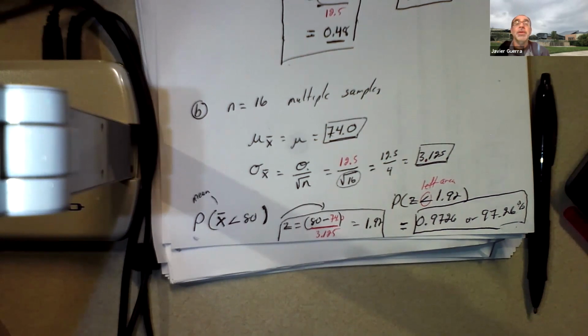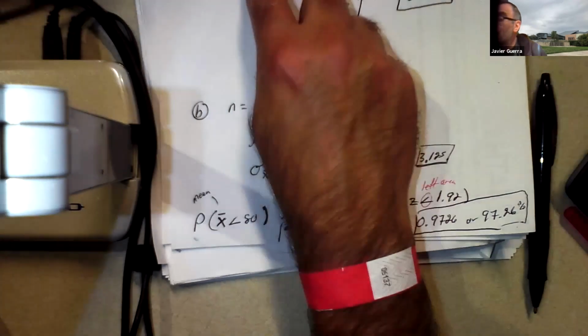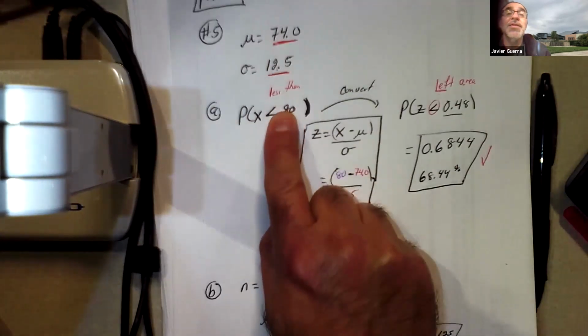So you'll be doing one sample, first part. Multiple samples, second part. Back and forth, one multiple, one multiple. So we did an example of the less than.